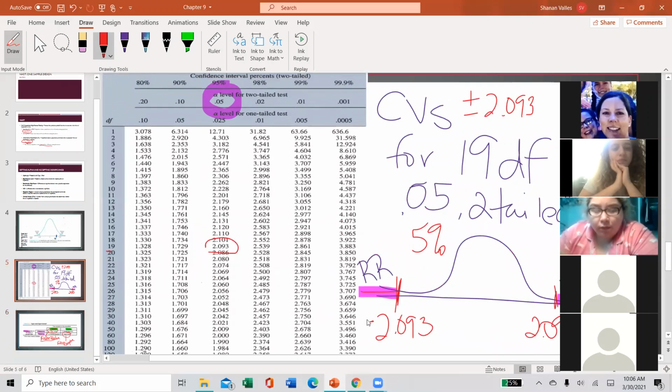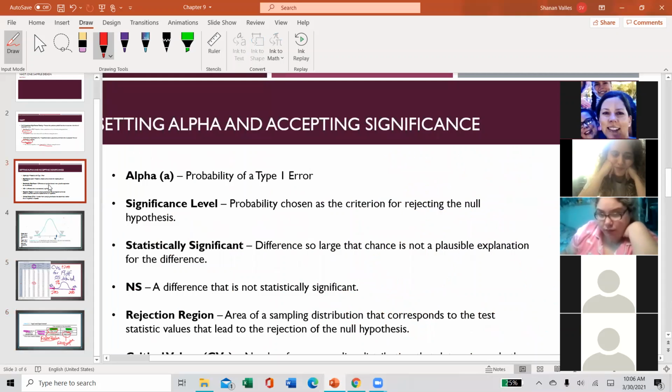We are going to try and find extreme values that say it is very unlikely that you just found this result by chance. We really feel like your drug works, or your therapy works, or your little Einstein videos work. The alpha is the probability of committing a type 1 error.